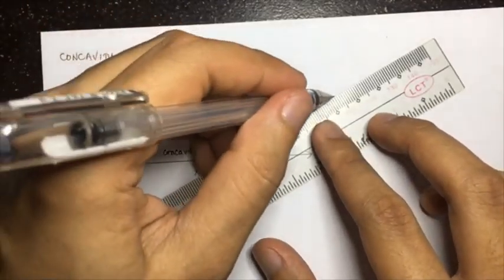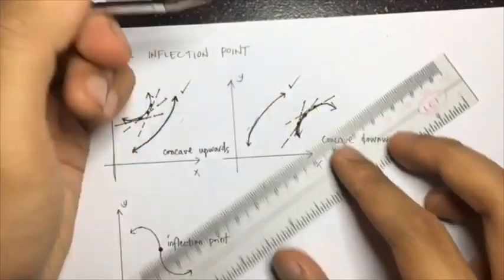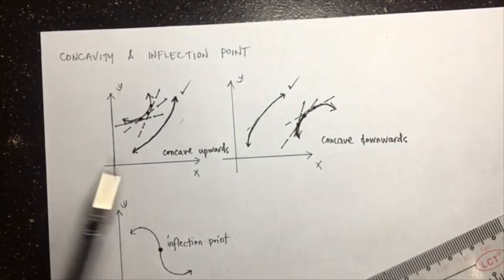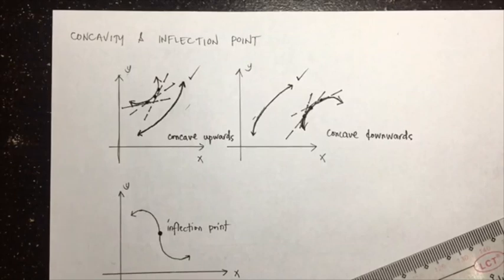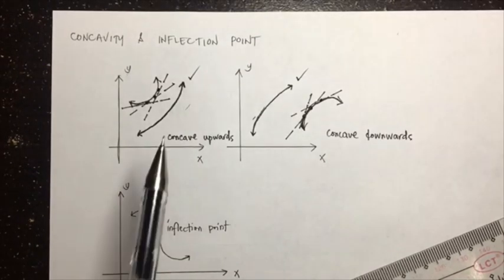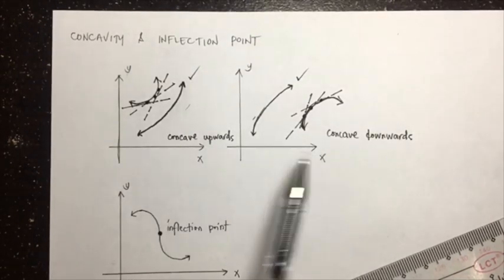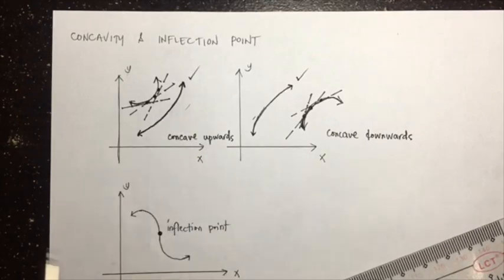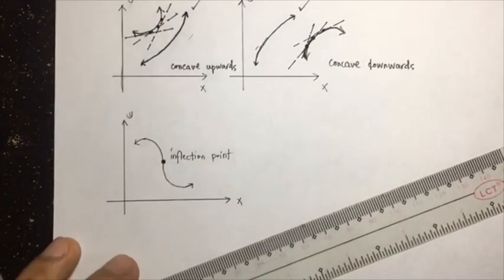Okay, so since the rate of change of the slope is associated with the second derivative, we can determine the concavity of a curve over a given interval by its second derivative.